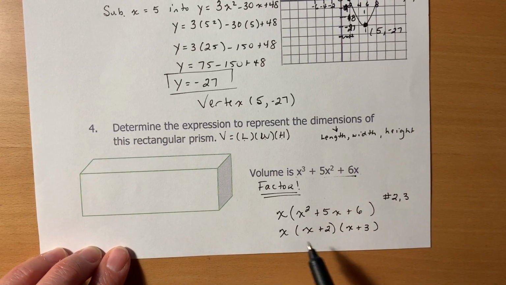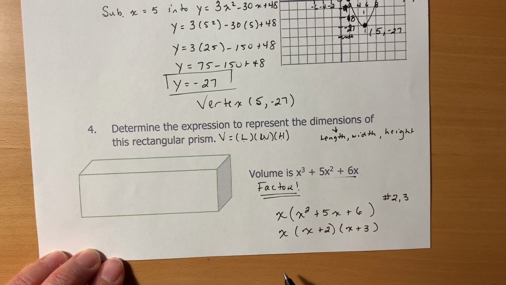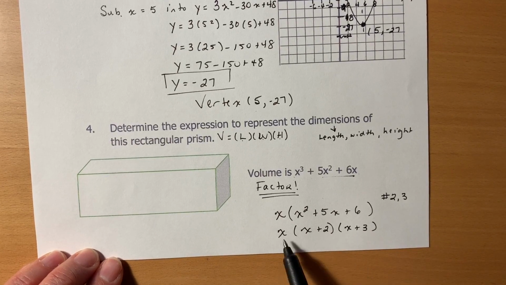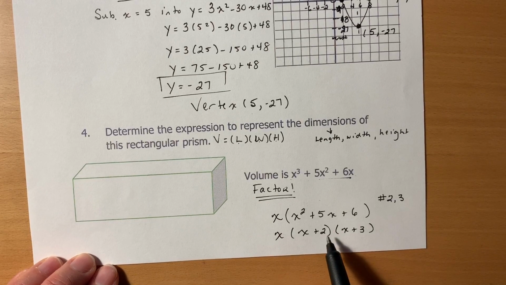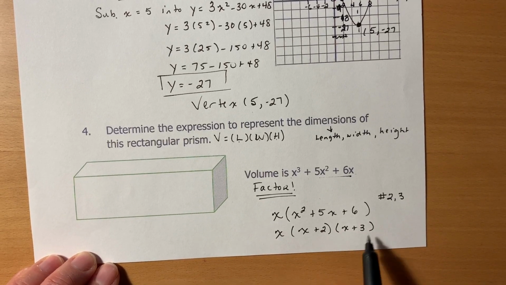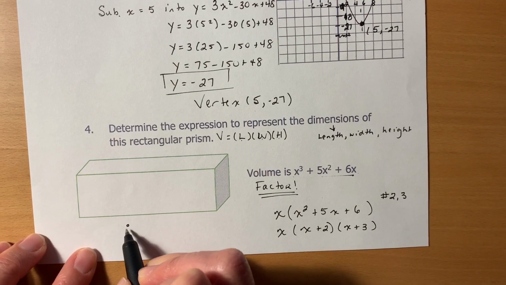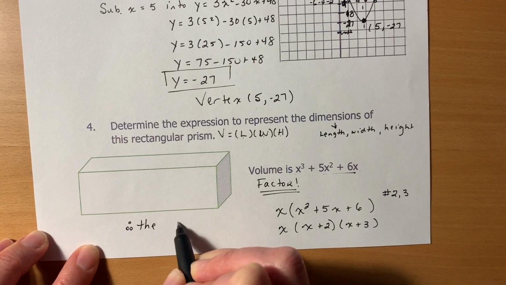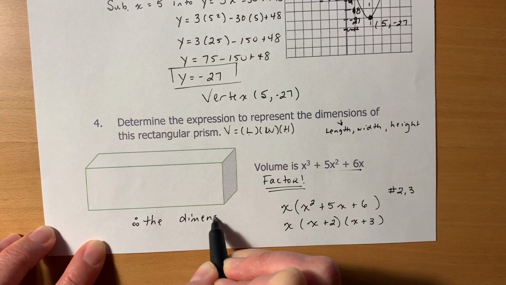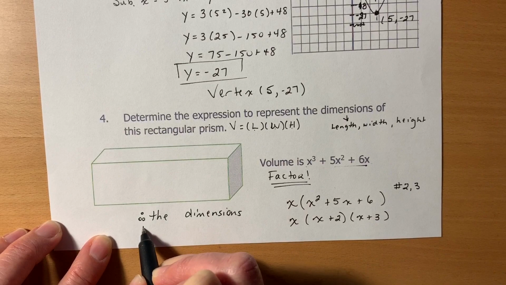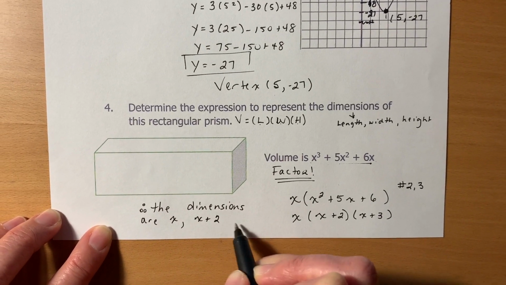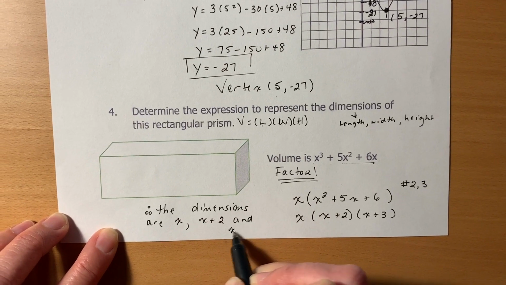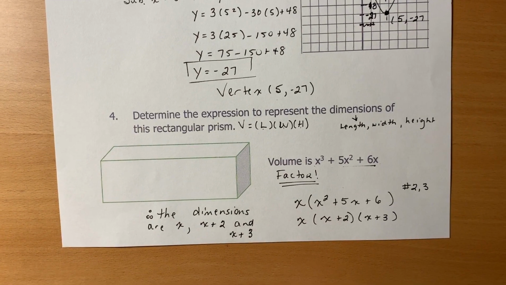I can call these length, width, height in any order, but these are my dimensions. One is x, one is x plus 2, one is x plus 3. So therefore, the dimensions, make sure you answer the question, are x, x plus 2, and x plus 3. And that's it.